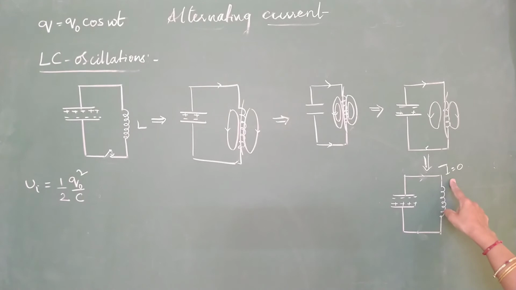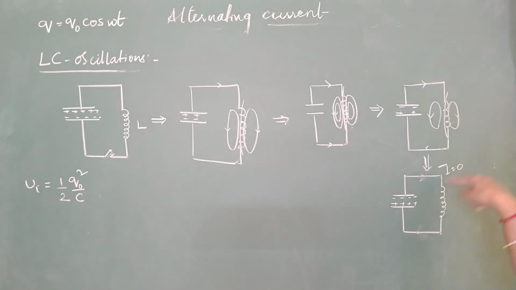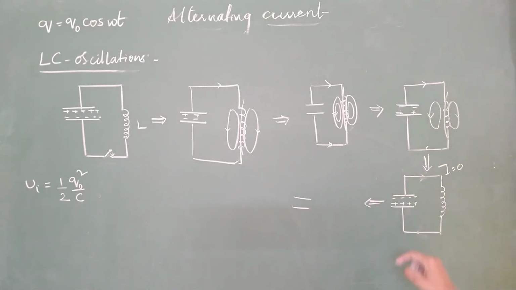So what is the current in the circuit? 0. So throughout this, current was moving in one specific direction. Say I took it as clockwise. In the next step, not inductor, sorry, capacitor is discharging. So what will happen to the direction of current? Reverses. So in the next step, capacitor discharges, direction of current has reversed.